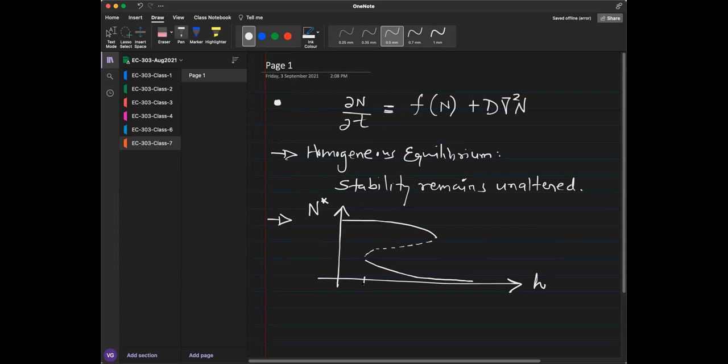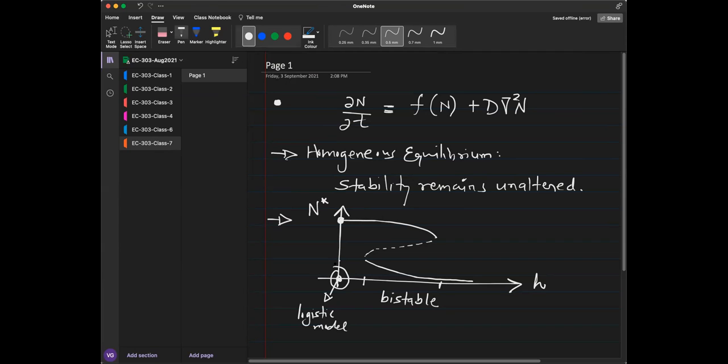So there is this range of values of H for which we have bistability, right? Bistable ecosystem. And of course, H equal to 0 corresponds to the standard continuous logistic model. And here I showed that the origin is unstable, whereas this would be a stable equilibrium.